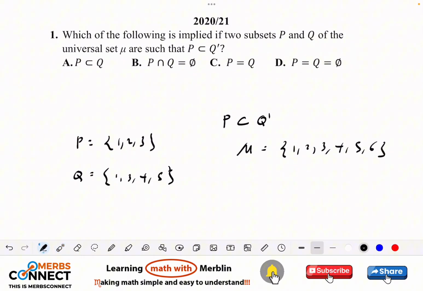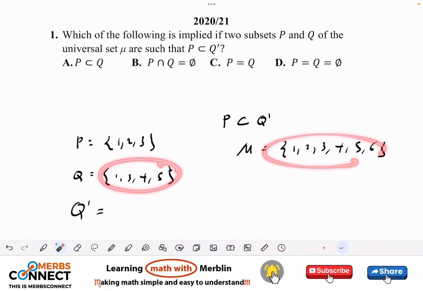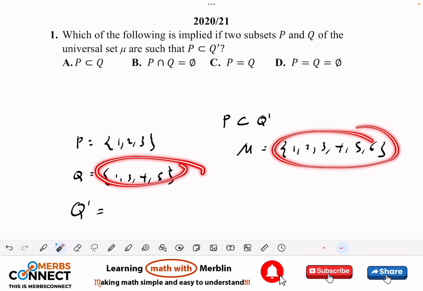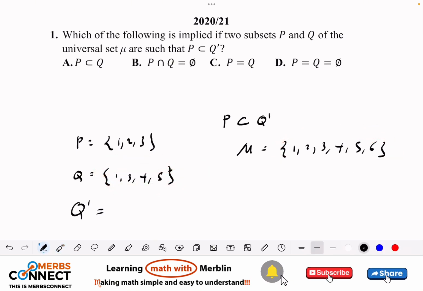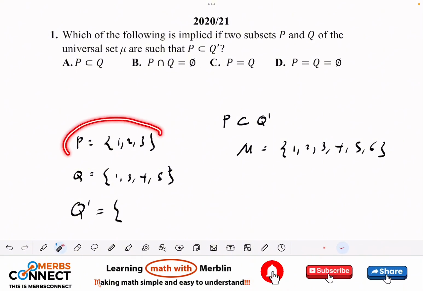Let me show you what Q prime, or Q complement, will be. Q complement will be the values that are in the universal set but are not in Q. Since P belongs to Q prime, in that set I should have 1, 2, 3, and any other element, let's say 6.